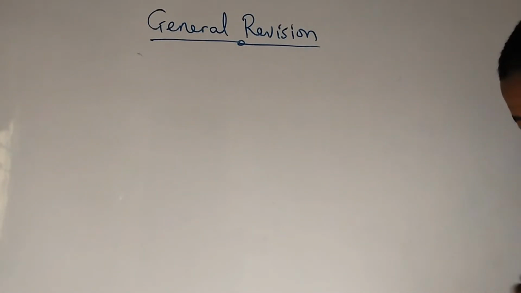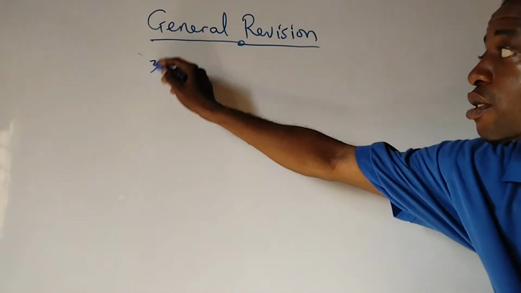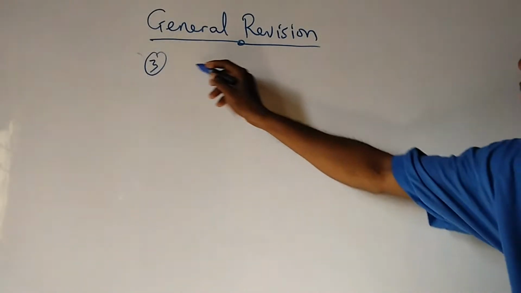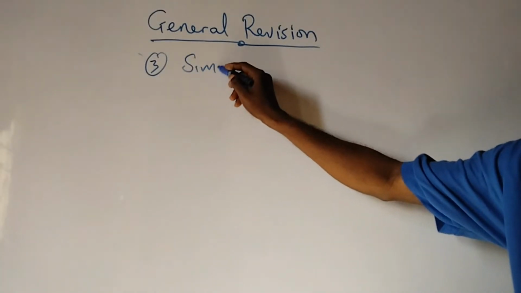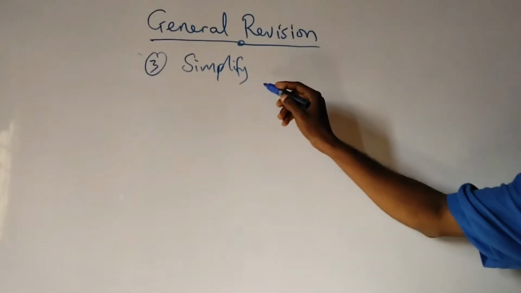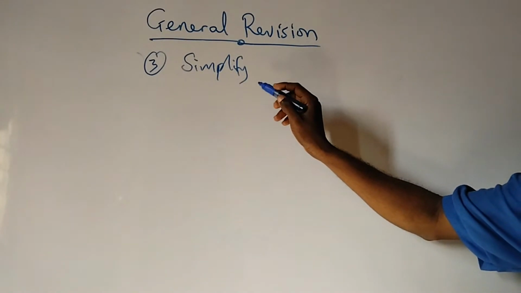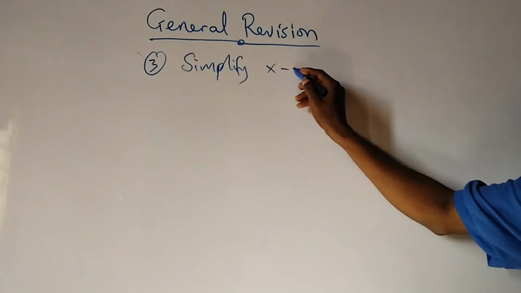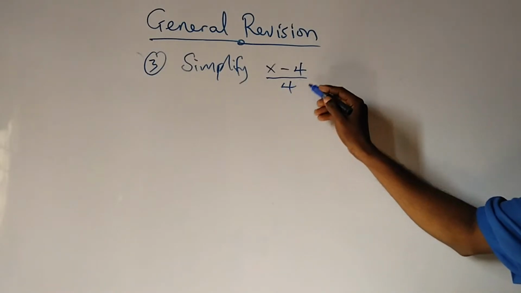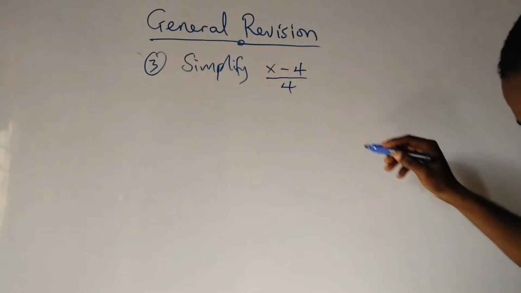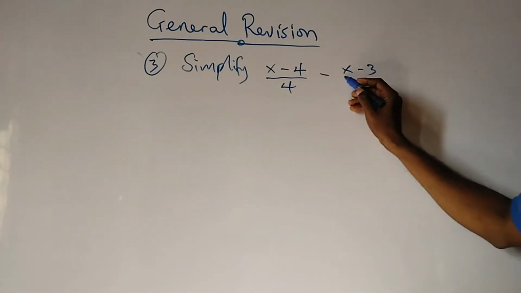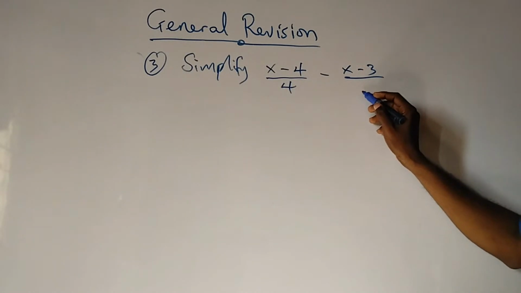Let's call this question 3. That is, here we have to simplify (x minus 4) over 4 minus (x minus 3) over 6.